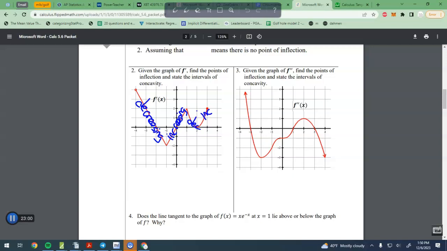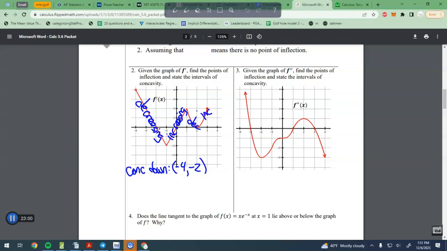F prime is decreasing. What does that mean is true about f? It's concave down. So we're concave down from -4, with a parenthesis, up until -2.